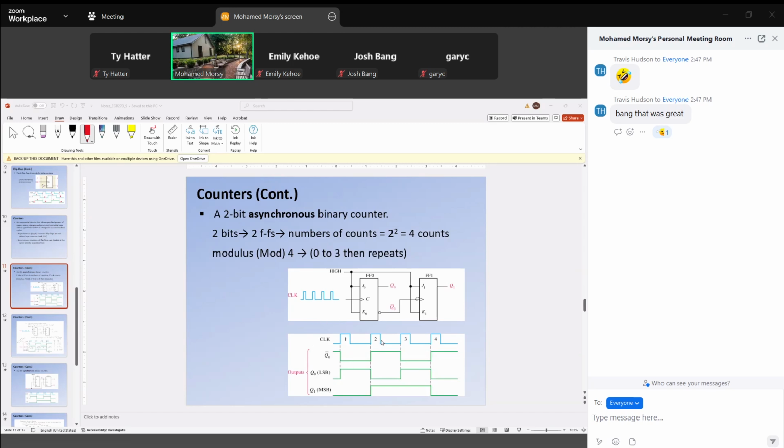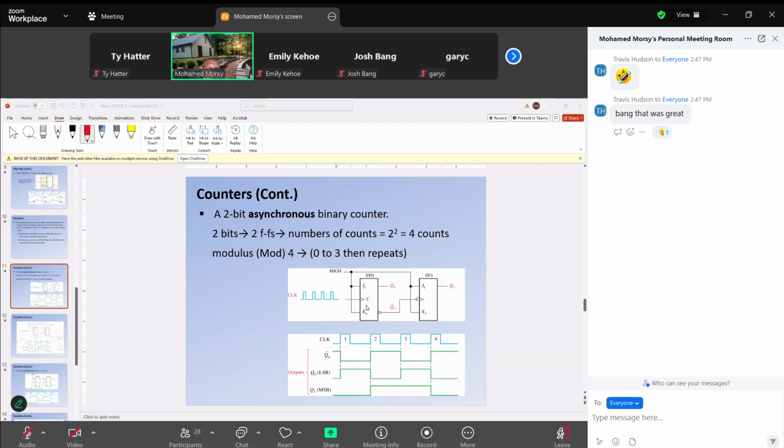We can see the waveforms here. This is the clock pulse, and so we can draw the output waveform. But before we go through this, we have to look at these flip-flops. What kind of flip-flop is this? To determine what kind of flip-flop, we need to determine two things.